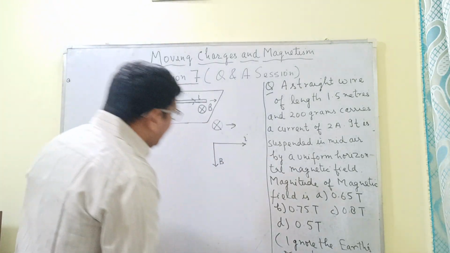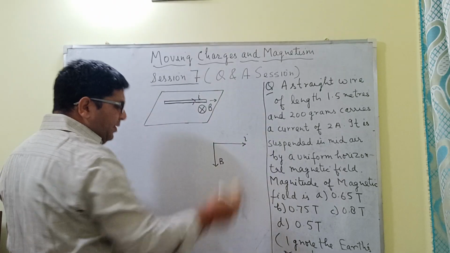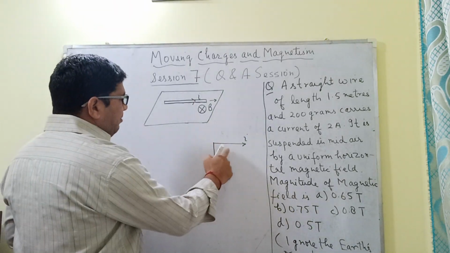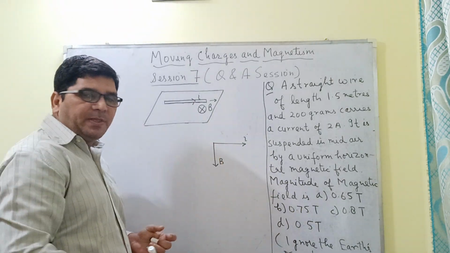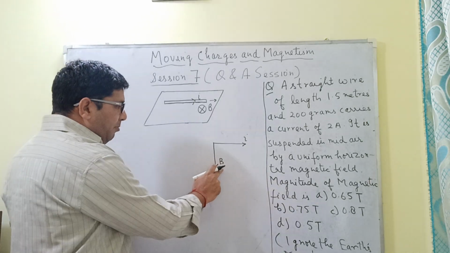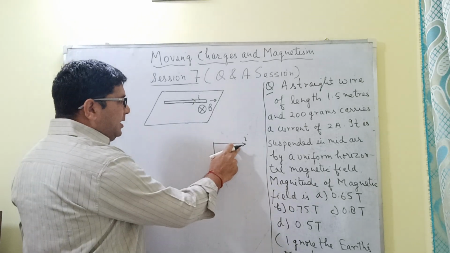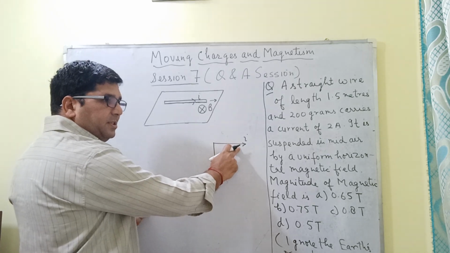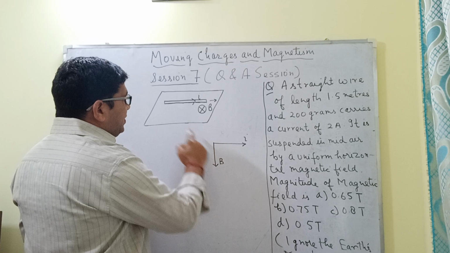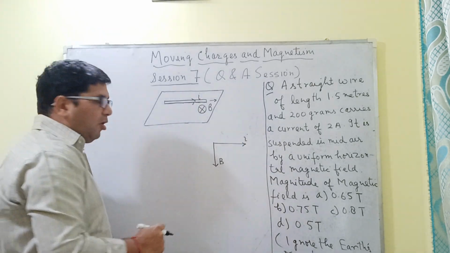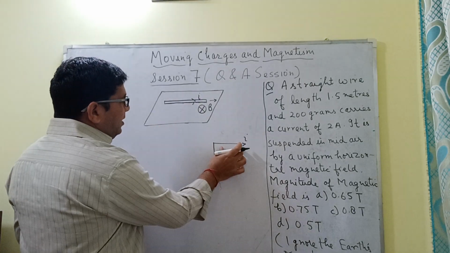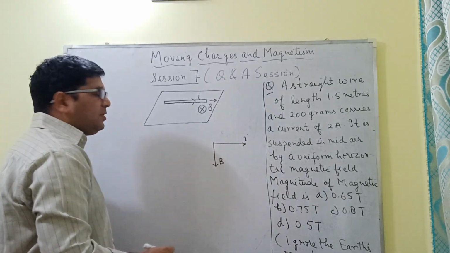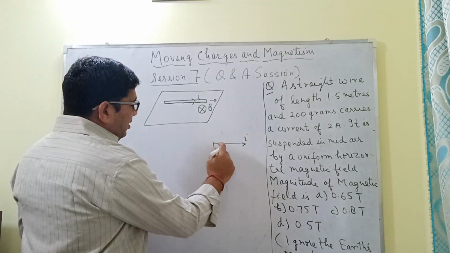Now we know, as we have studied in the previous sessions, that the magnetic force is always perpendicular to the magnetic field and the velocity of the charge which is flowing in that object. Here the current is flowing because of the flow of the charge.